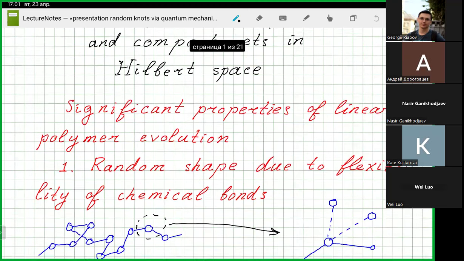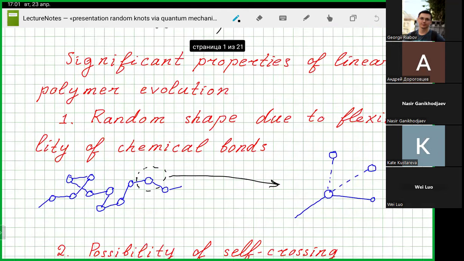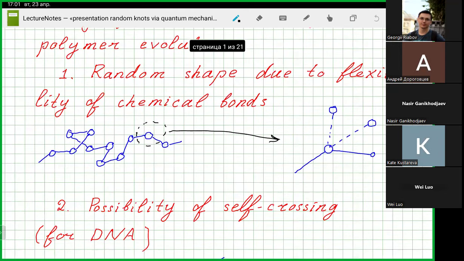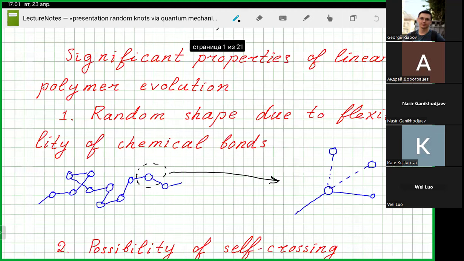Actually, what is the reason why we have to pay attention to the dynamics of long polymers? Because they have a random shape. This random shape is caused by the flexibility of chemical bonds between monomers, which are parts of the polymer.